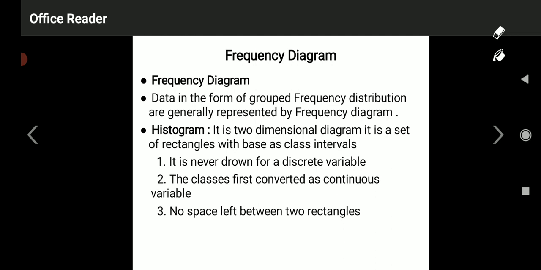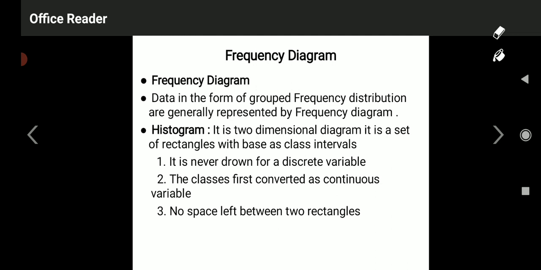Look at the aspects of the histogram. It is never drawn for a discrete variable. I think in the previous classes I have explained the discrete variable systematically. A discrete variable takes into account only selected values, with jumps between the different values.